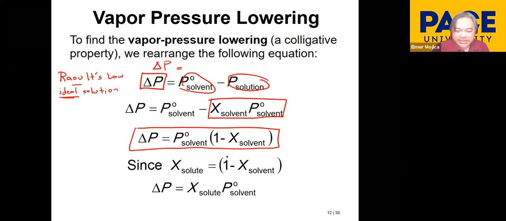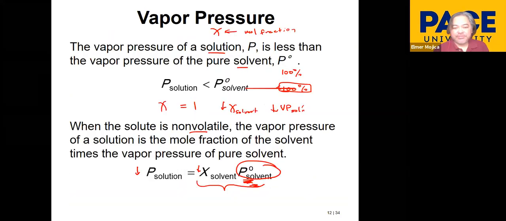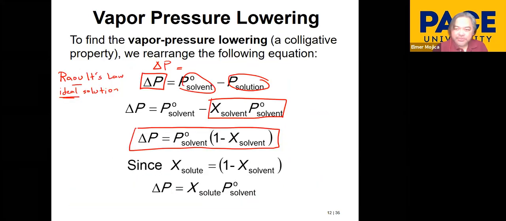Earlier, this is what we have: the P of solution is equal to the mole fraction of the solvent times the pressure of the pure solvent. But if we want to determine the vapor pressure lowering, it's just equal to the mole fraction of the solute times the vapor pressure of the pure solvent. In a question, you have to be very careful with the wording.